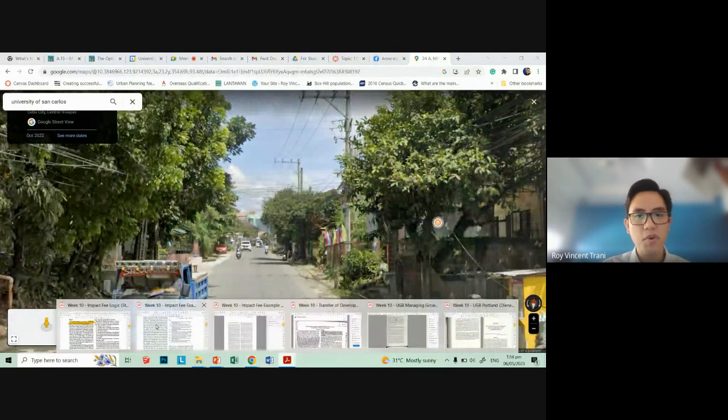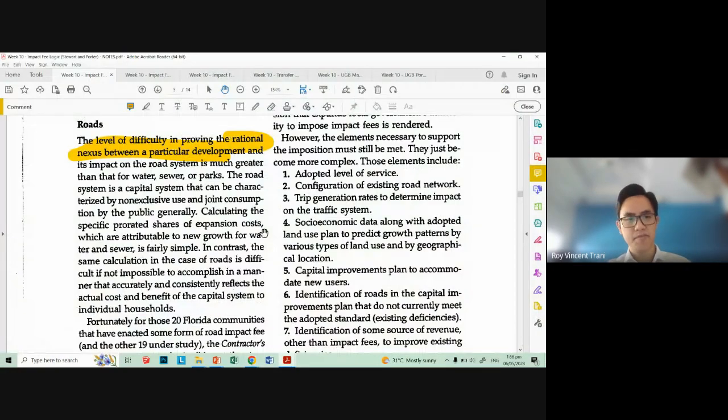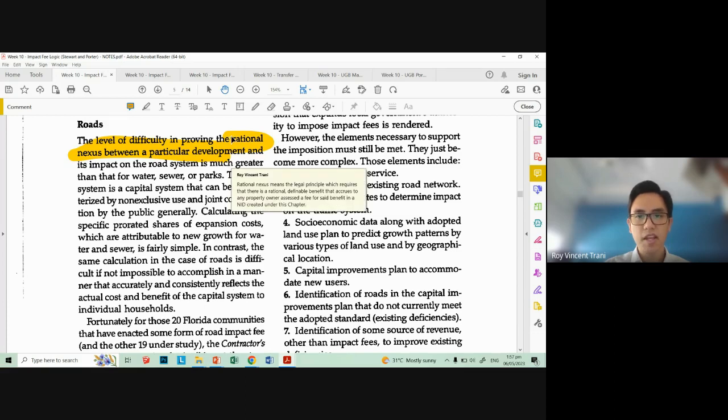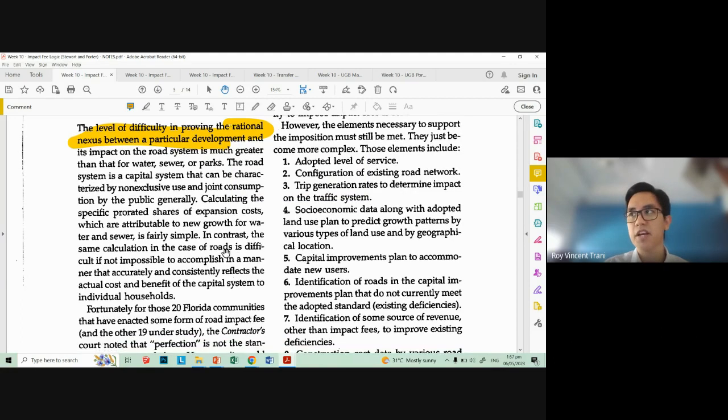So what the book is trying to argue here is that because roads have so many more users than the residents in that particular subdivision, the rational nexus, the legal idea that defines who benefits from the development, becomes very challenging to prove.